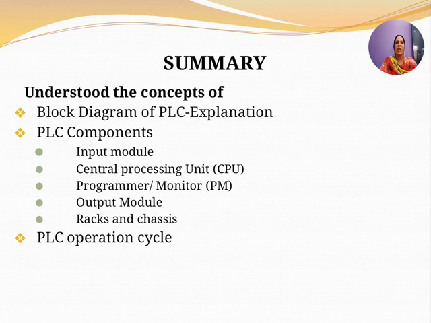So the physical structure is similar to a computer architecture, where we have the input module, the central processing unit, the output module, the output devices and the programming devices.